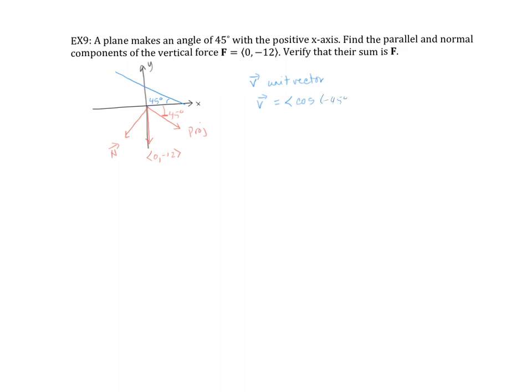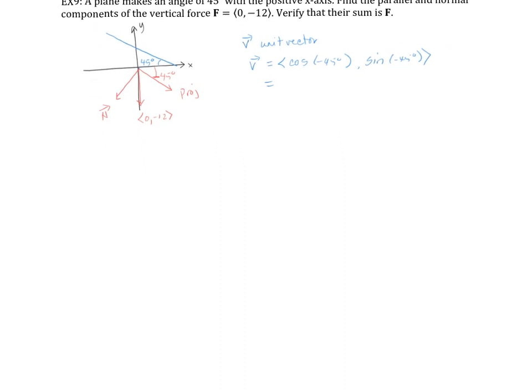And then sine of negative 45 degrees. All right, so we're in quadrant 4. Cosine is going to be positive square root 2 over 2, and sine is negative square root 2 over 2. So we got this vector v, right, coming out here.